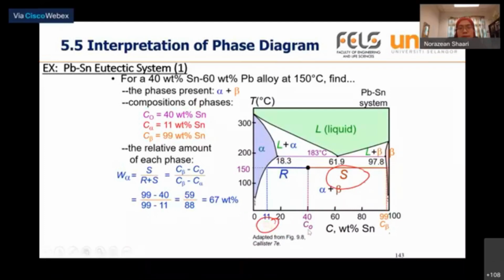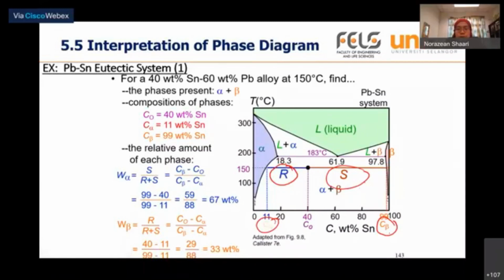Okay, C beta minus C alpha. So kalau kita nak cari yang bahagian sini, so kita akan ambil amount yang sebelah sini. Okay, so untuk amount of alpha 67, so amount of beta 100 minus 67, which is 33. Okay, so itu interpretation, phases present, composition dan juga amount.